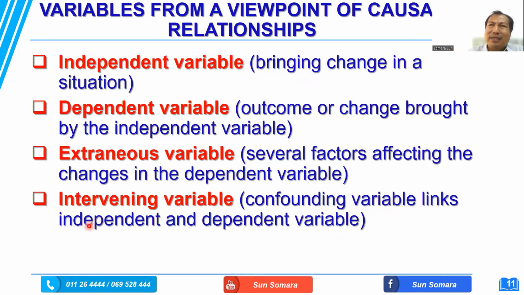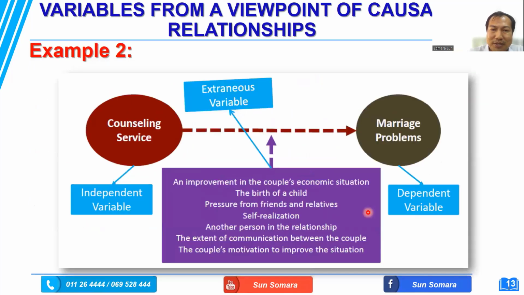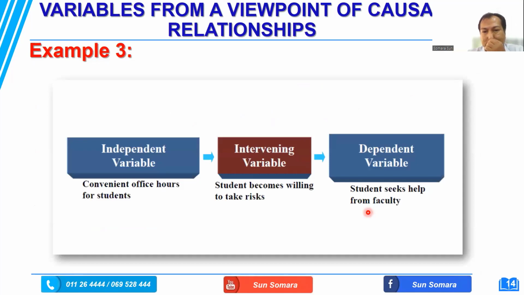We also have an example here. For example, the convenient office hour for students affects students seeking help from faculty. But whether they ask for help or not depends on whether the student is willing to take risks, whether they want to go and find help from the faculty, depending on their bravery as well.